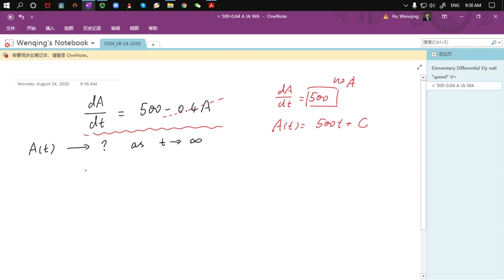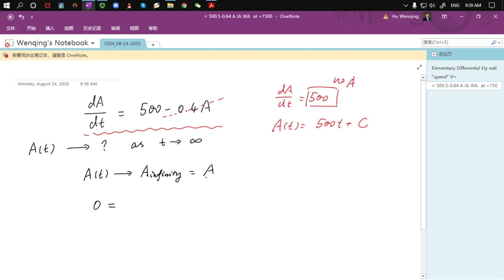What does this equilibrium mean? It means that A(t) is going to be some constant, A infinity. Can you calculate A infinity? Well, no matter which A(t) satisfies this equation, if A(t) converges to a constant, then at infinity the derivative will be zero.